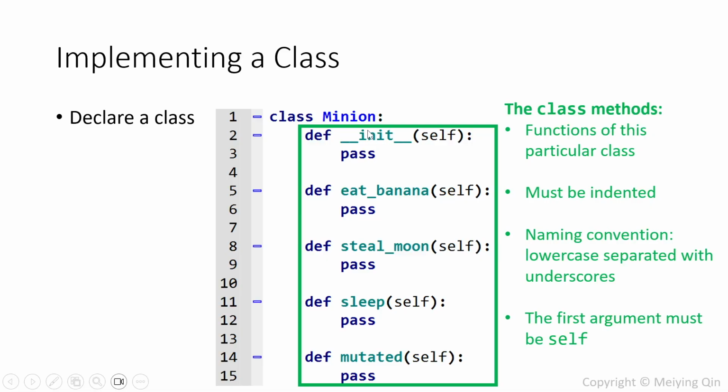For now, the important thing is to know the structure when you declare a class: the keyword class followed by the name of the class, and then different methods. The dunder init method is predefined for all classes, so you have to use it for all classes. And they also must be indented, similar to when you define functions, right?